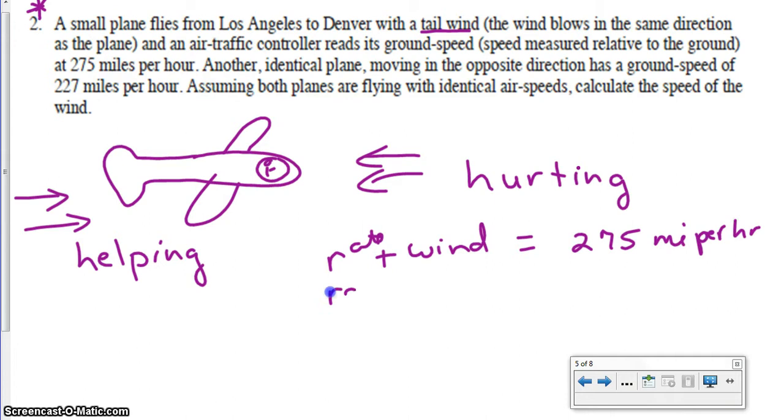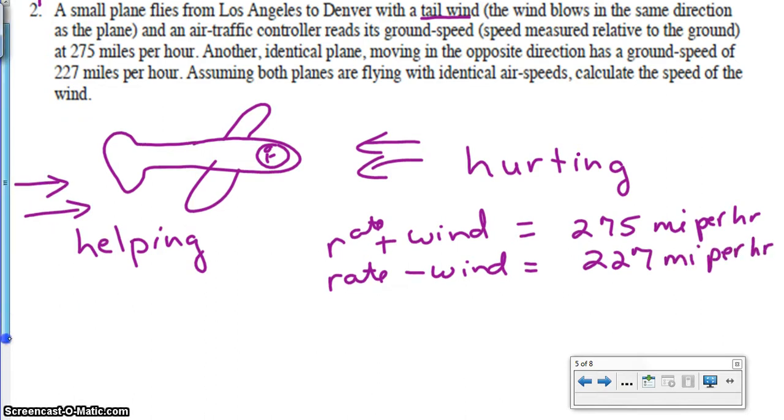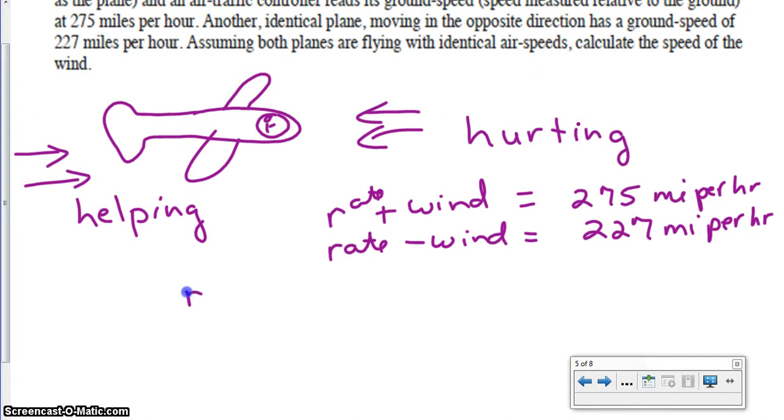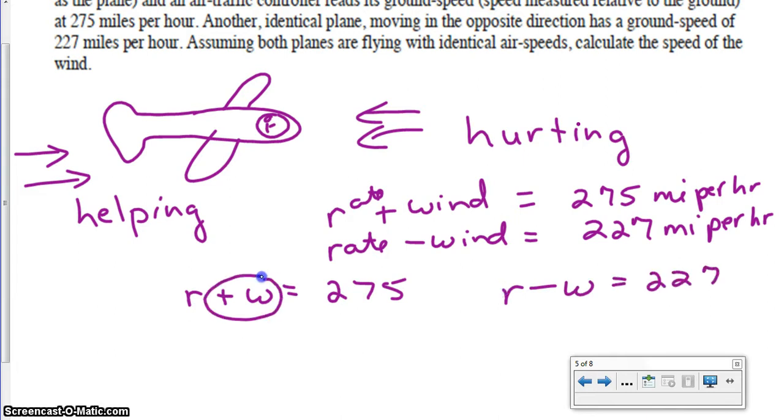But my rate with the wind hurting me is only 227 miles per hour. Okay? This is a very typical problem. R + W = 275. R - W = 227. Notice that you have additive inverses, so you can go ahead and pause the tape and solve it from here.